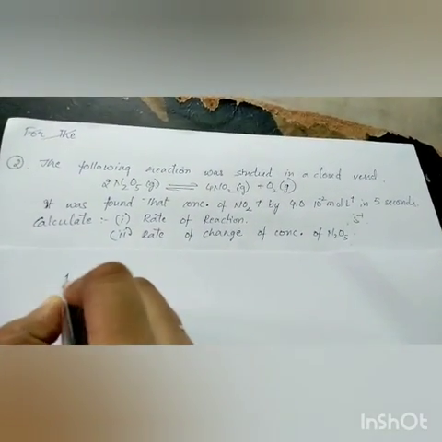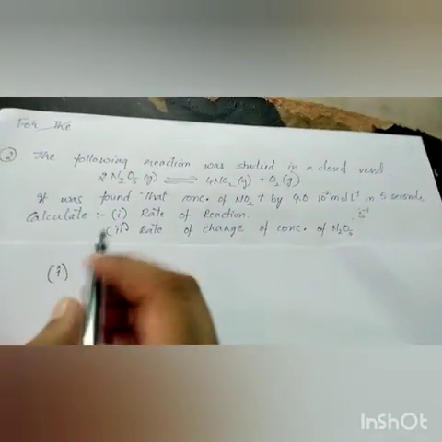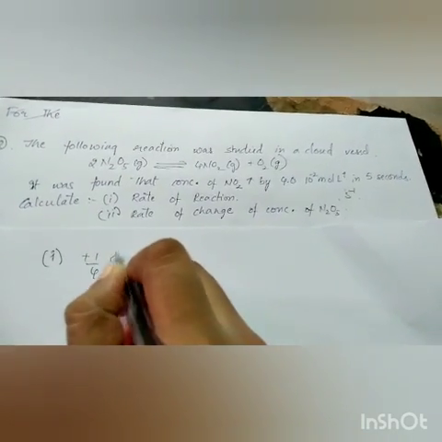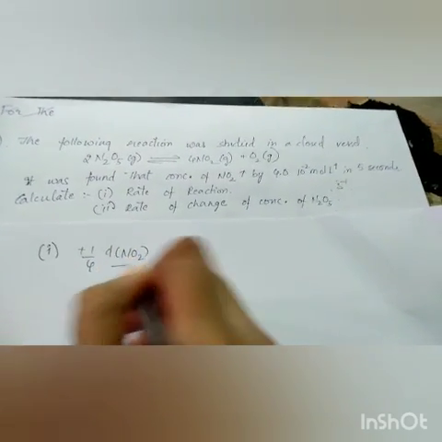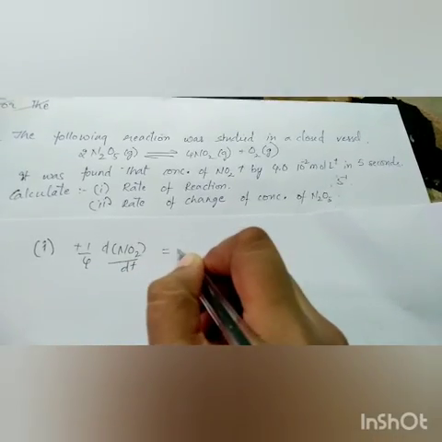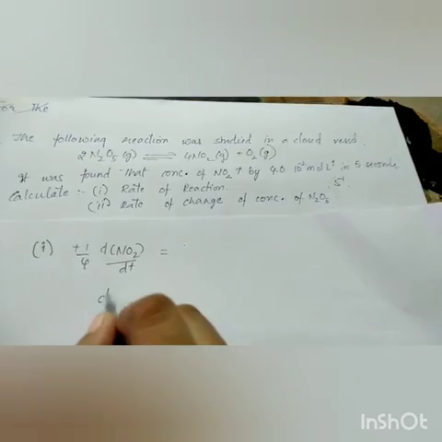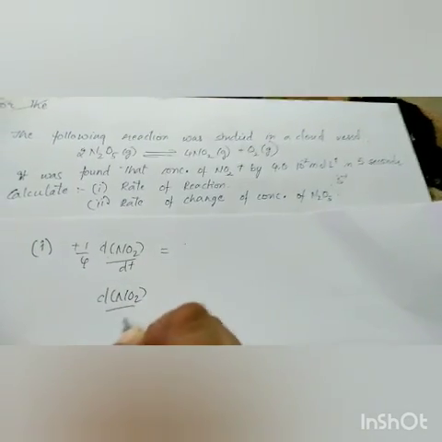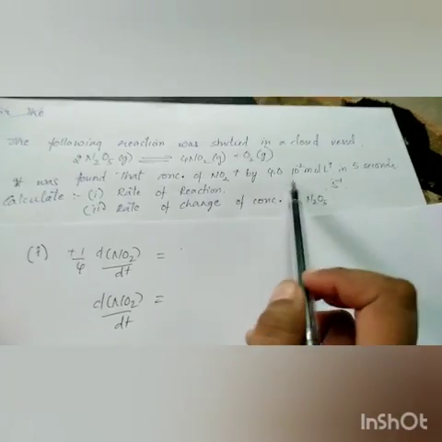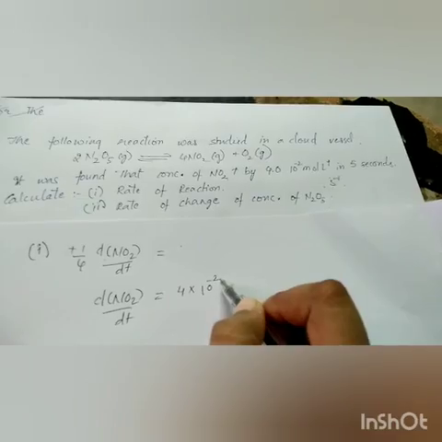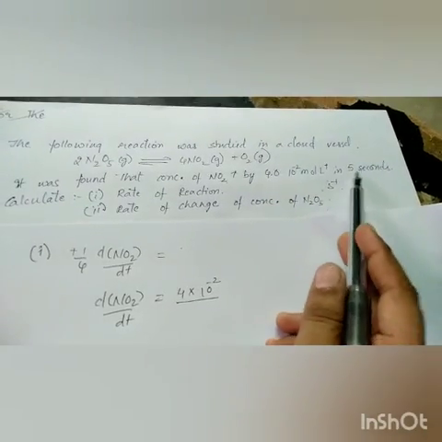The very first is the rate of reaction. From the product side, plus 1 by 4 d[NO2]/dt. You calculate d[NO2]/dt, because they have told that the concentration of NO2 increased by 4 into 10 power minus 2 mole liter inverse in 5 seconds.